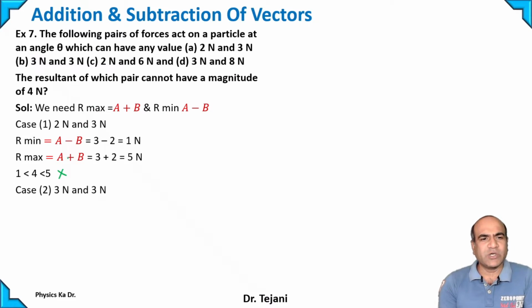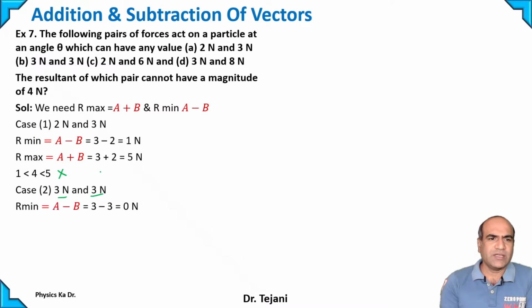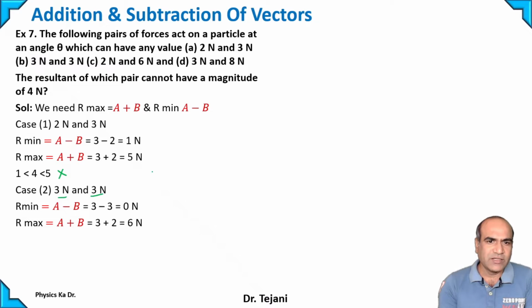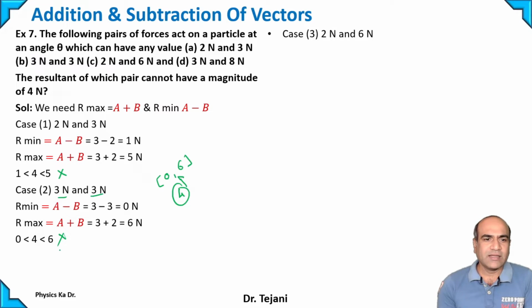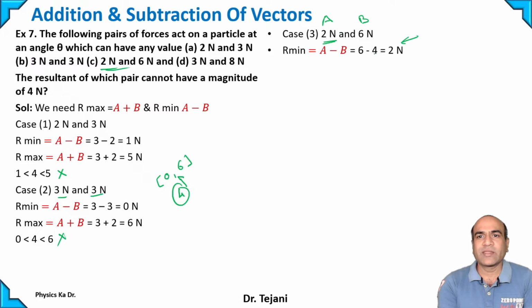So let's check case number 2. What is mentioned? A is 3, B is 3. So A minus B is equal to 0 Newton and maximum is 6 Newton. So the values range from 0 to 6, and 4 is definitely in between. So this answer is also not correct. Let's check case number 3. A is 2 Newton, B is 6 Newton, minimum will be 2 Newton, maximum is 10 Newton.